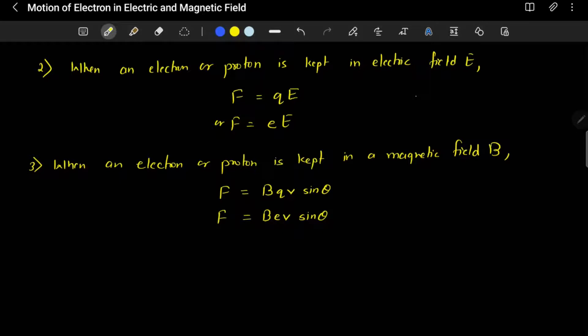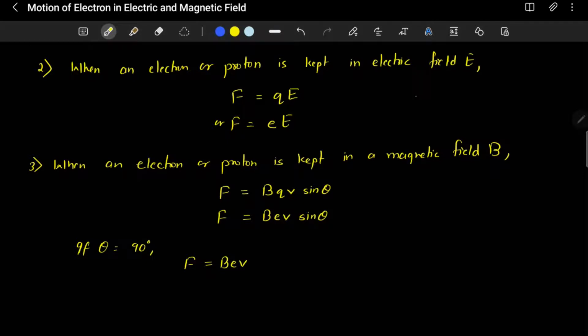Now if the charged particle enters the magnetic field perpendicularly, then theta will be equal to 90, and the force on the charged particle will be BeV.